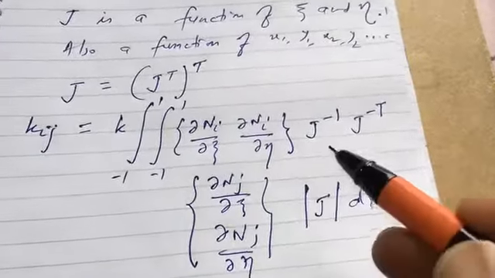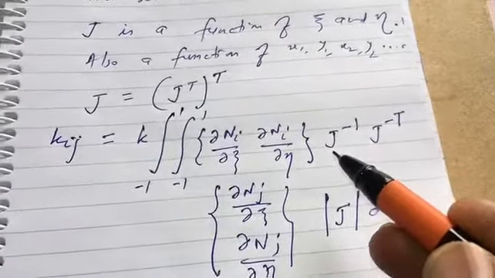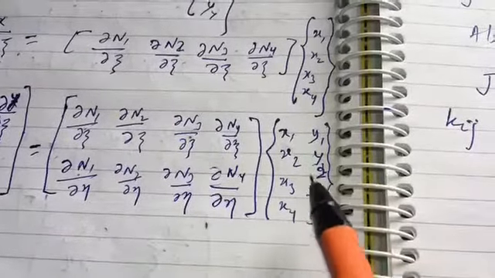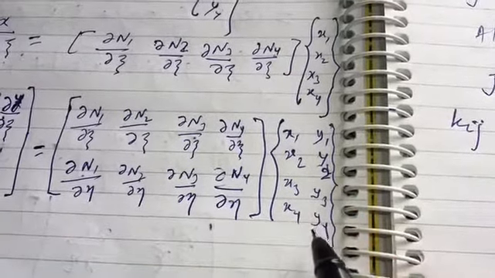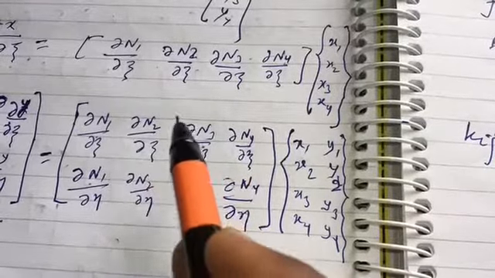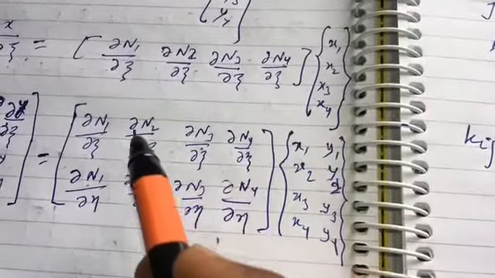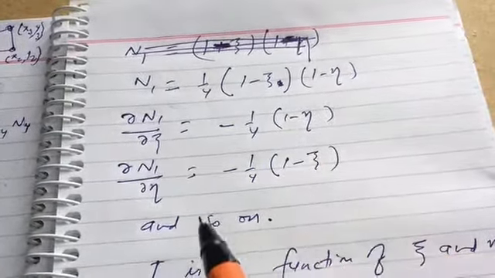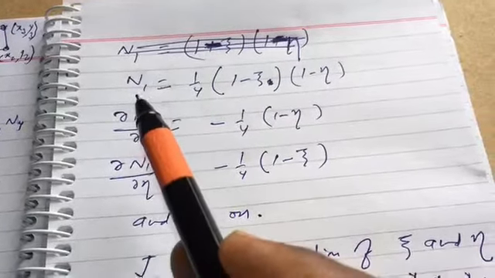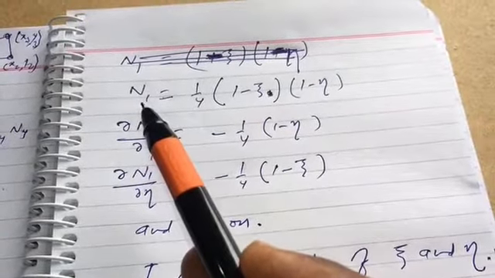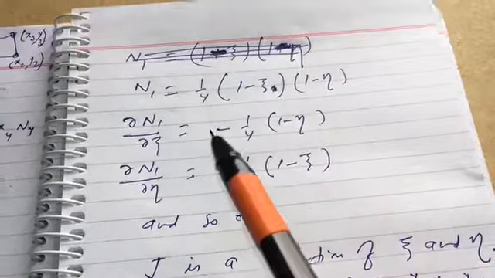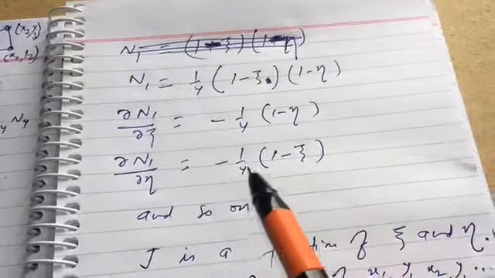Here we know that J transpose has this expression. So x1 y1 and so on are known, and it has derivatives of N with respect to xi and eta, which can be calculated like this because we have N1 as an explicit function of xi and eta. For N1 you see the example here.